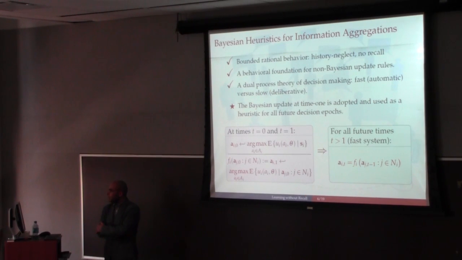And the Bayesian heuristic framework relies on real-world behavior of people, behavior such as history neglect or no recall. In many situations, people exhibit snap judgments or spur-of-the-moment behavior without evaluating their options carefully or rationally.